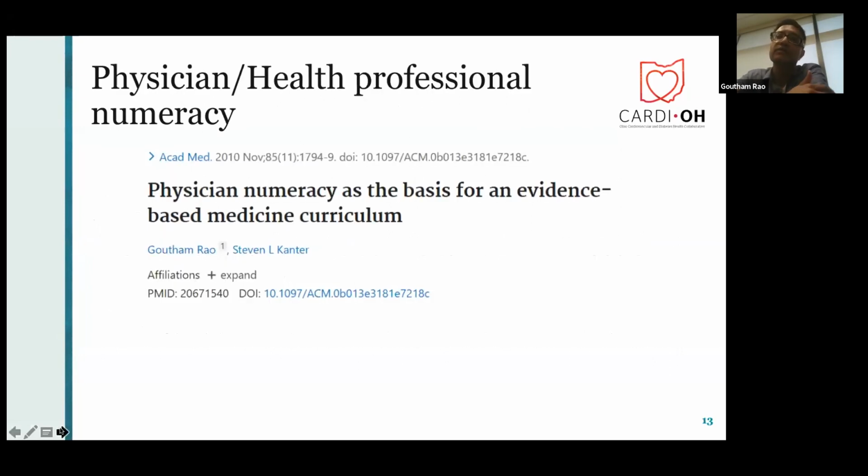So I was the one who coined the term physician numeracy. This is more than 10 years ago. And just as an aside, the story was when I started in practice in rural Ontario many years ago, there was an editorial in International Pediatrics that describes it. Because I'd been out of numeracy for so long, and I was working with a very inexperienced nurse, she was drawing up racemic epinephrine for a child with croup.